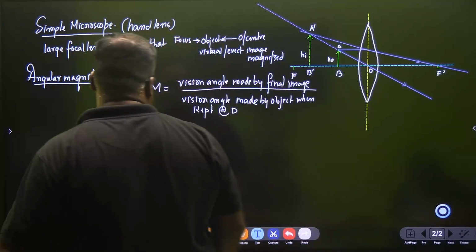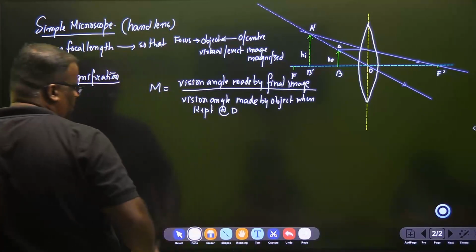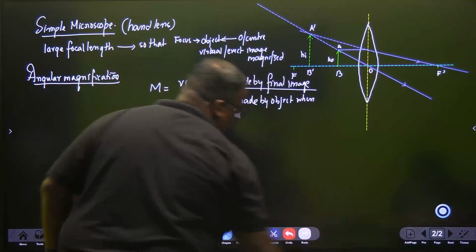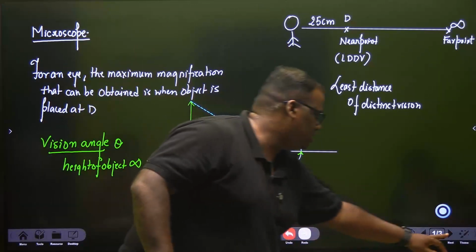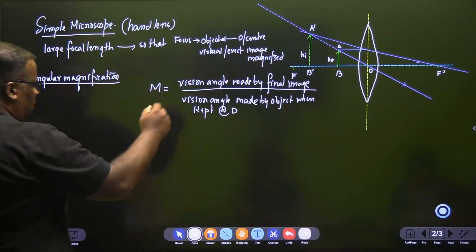Let's first discuss the denominator. For that I'm going to the previous slide. So let's see the denominator part.